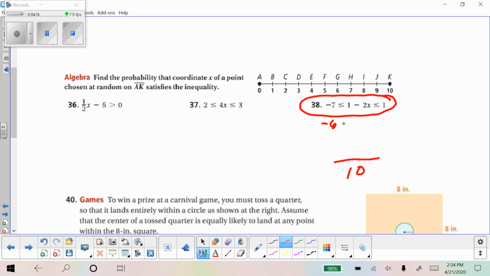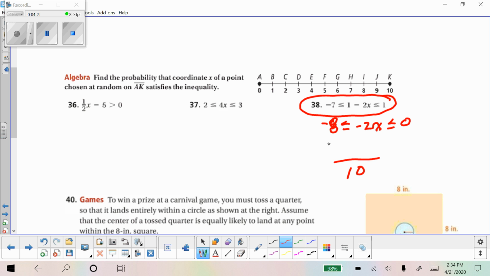That would be -8 less than or equal to -2x less than or equal to 0.